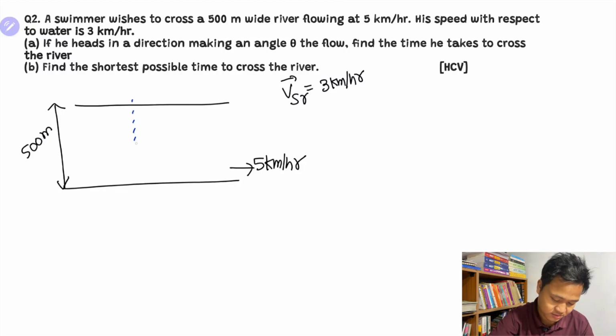So let's say he makes some angle with the flow, he tries to go like this. Okay, v of swimmer with respect to the river, so he makes some angle theta with the flow, so the flow is along the side. Let's say this is theta.